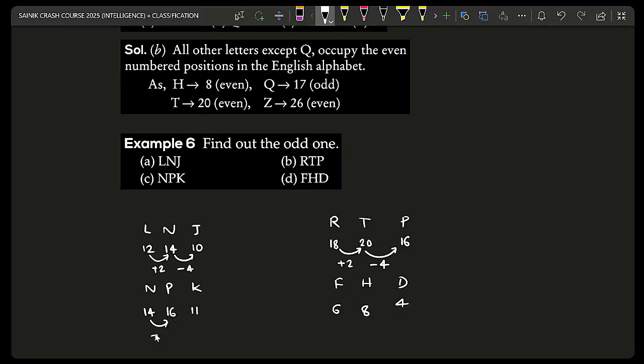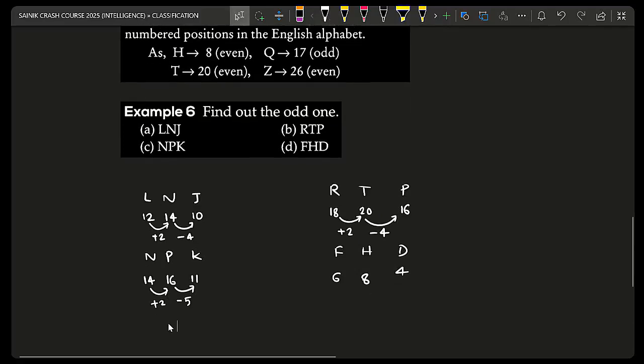Plus 2. And the 16, 11 relation? Minus 5. And what about 6 and 8? Plus 2. 8 and 4?